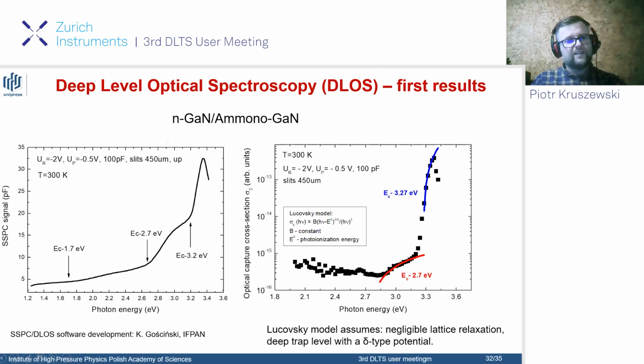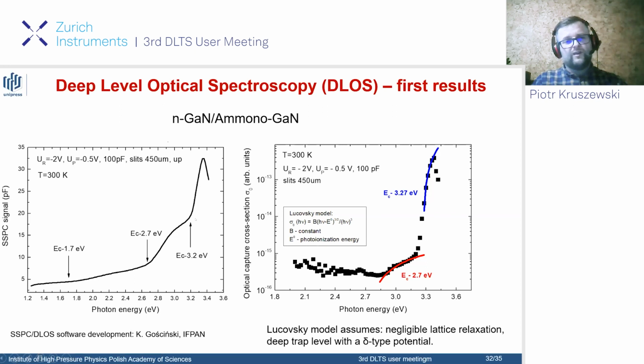So you can see this steady state photocapacitance, and you see that there are at least 3 points where the capacitance changes. Yeah, there is an abrupt increase in capacitance, and this is related to a trap level, which is located around 1.7 from EC, 2.7 and 3.2 in this case. On the right hand side, you can see the optical capture cross sections, which can give you more details about the optical processes measured by this technique.